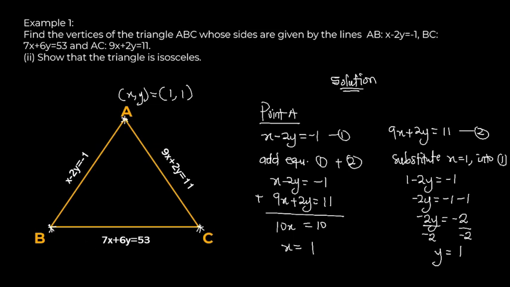Now for the vertex B, we need to solve the equations of the two lines that form the vertex B, that is x minus 2y is equal to -1 and 7x plus 6y is equal to 53. So let's go ahead and look at that. So point B, as I mentioned earlier, we will be using the equation x minus 2y is equal to -1.